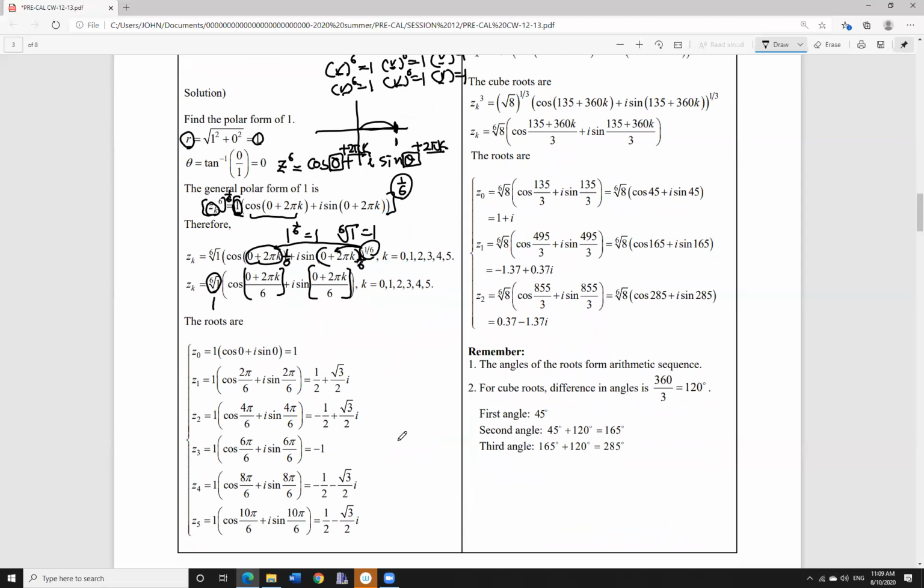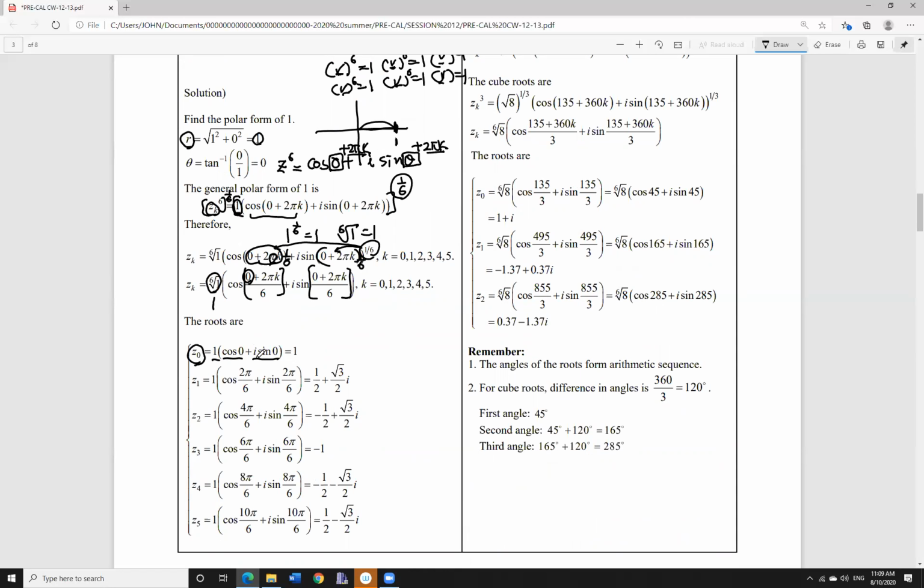The first one is what? 0. You can use 0. 0 is the first one. When n equals 0, that means the original angle is 0, isn't it? So 1 times cosine 0 plus i sine 0. That is where it starts, when n is 0, because we start with the initial angle, isn't it?